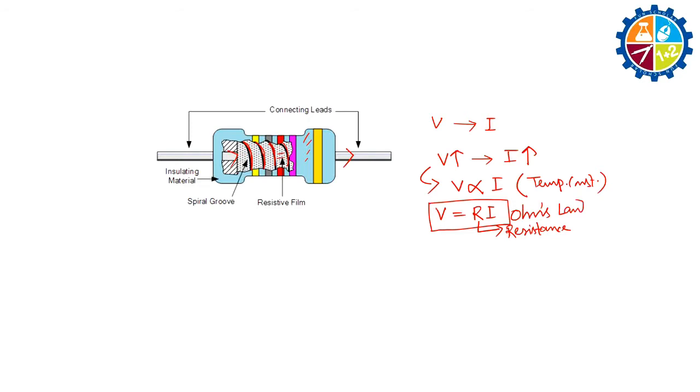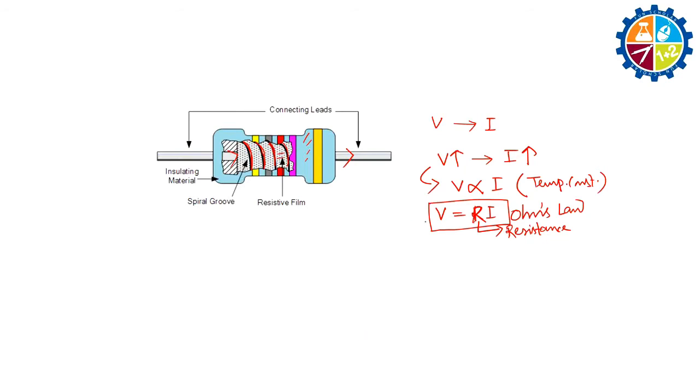Ohm's law states that voltage is directly proportional to current when the temperature is constant, and there is a multiplier, that is resistance, which controls the flow of current.